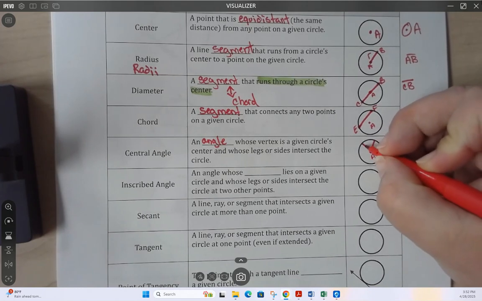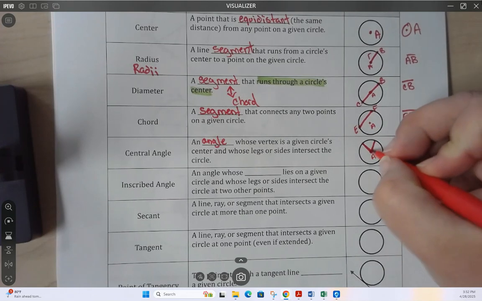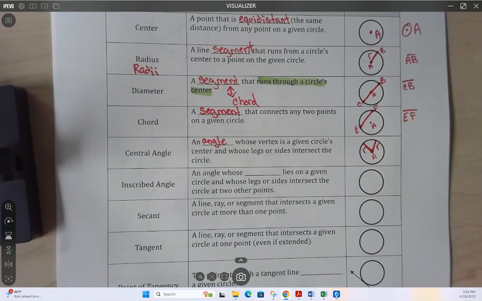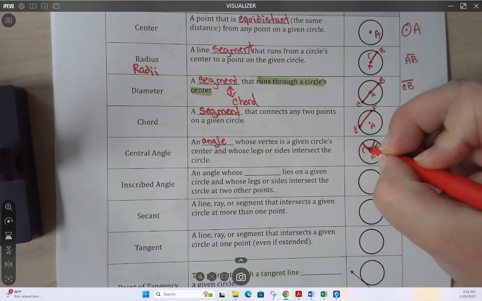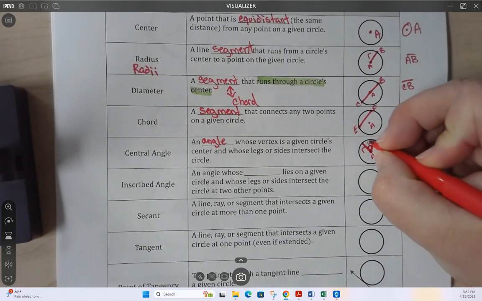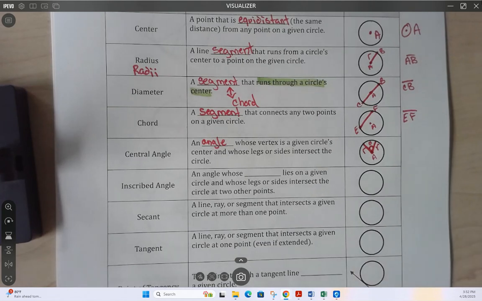So that's essentially an angle whose two sides are radii of our circle. So we have an R and an R, and our vertex is that center. This is a central angle. That could be like our measure theta, maybe. You don't have to fill in all that extra, but that's what a central angle looks like.